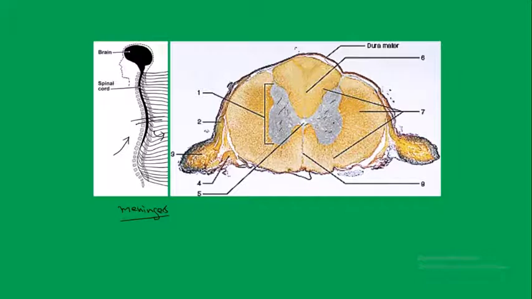The central part, as you can see, is gray in color, and it is made up of the cell bodies and dendrites of the neurons.